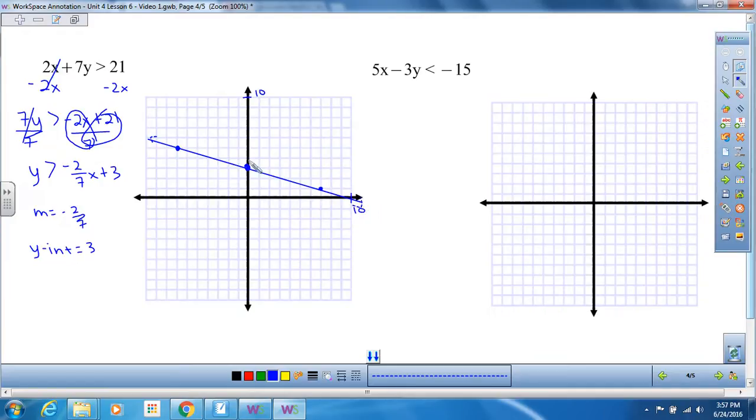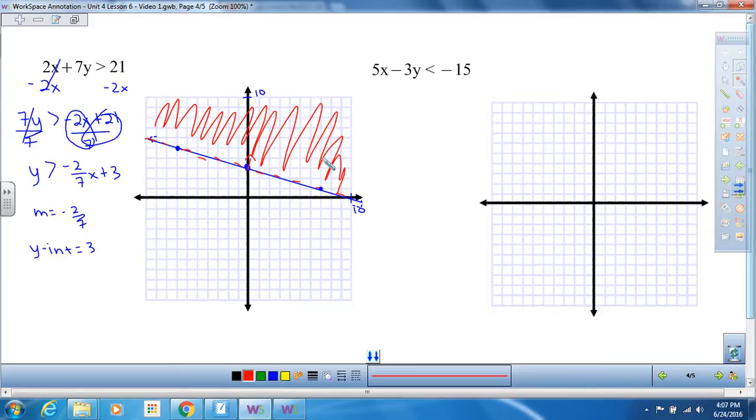Okay, now it did. I want this to be dashed, so just dash it like this. Okay. And it's greater than, so I need to shade on the side above the y-intercept, so up here.